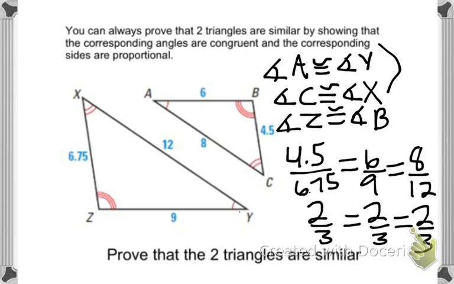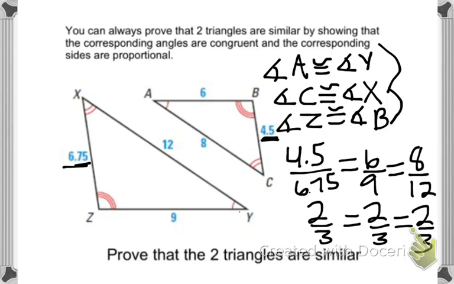And you can notice the definition, you can always prove that two triangles are similar by showing that the corresponding angles are congruent and the corresponding sides are proportional. So we're showing that the corresponding angles are congruent right here. And we're also showing the corresponding sides are proportional. And the way I like to do this, I usually start off with the smallest sides. We got 4.5 and 6.5, smallest for each one of them.